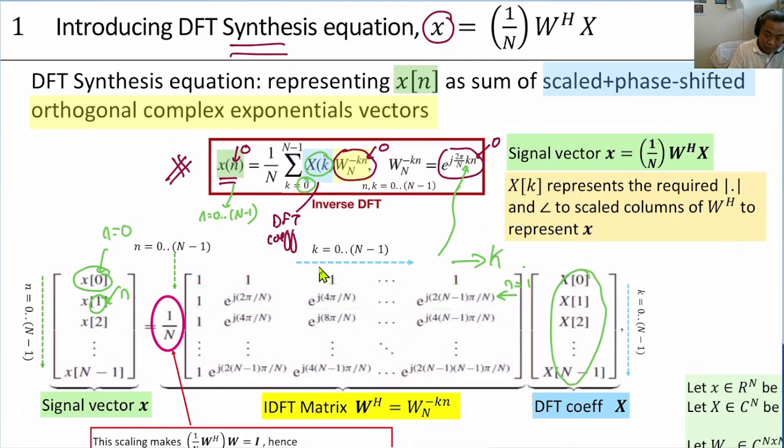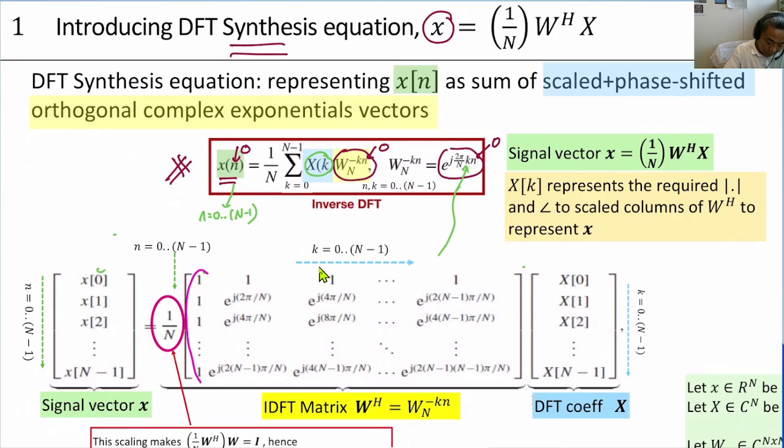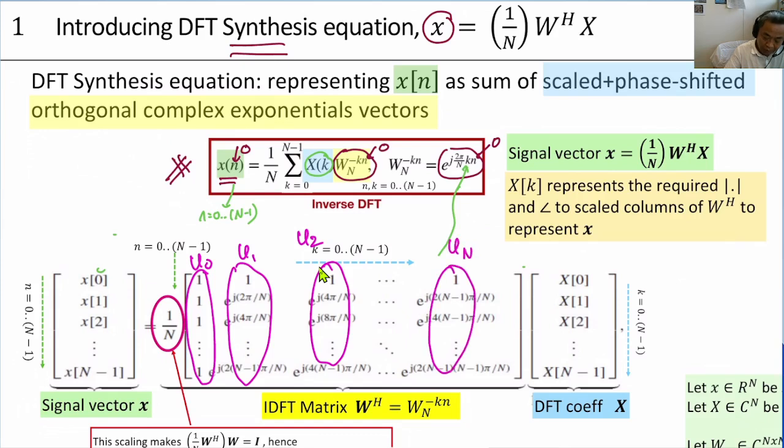When you fill up this whole matrix, now let's interpret this equation, the synthesis equation, from the point of view of orthogonal decomposition. This is U0, U1, U2, U of N minus 1.